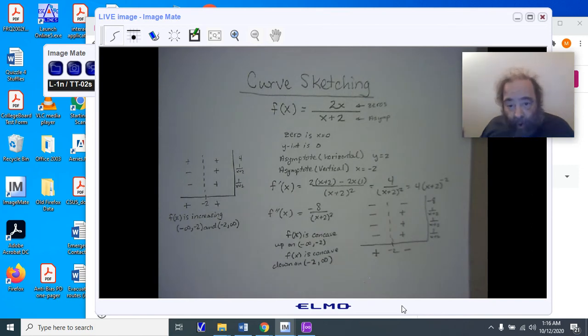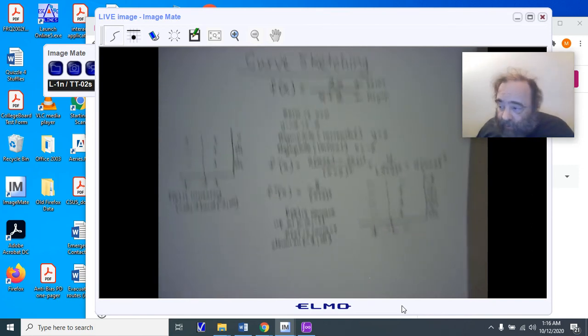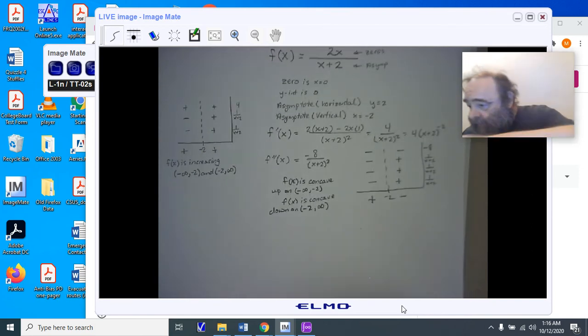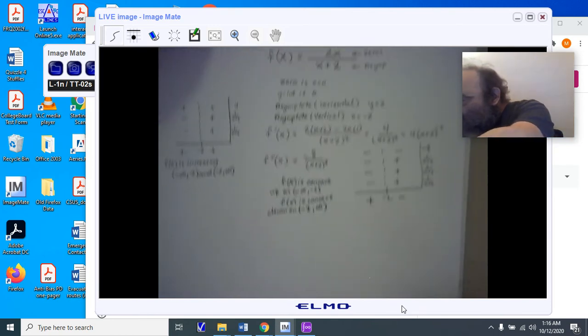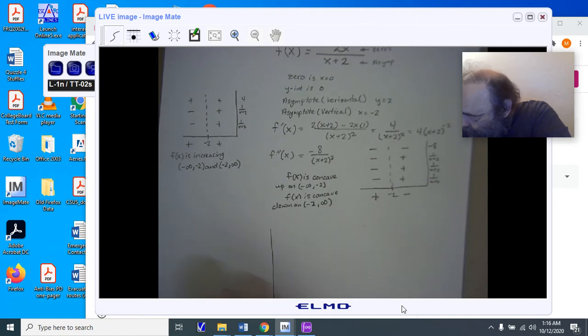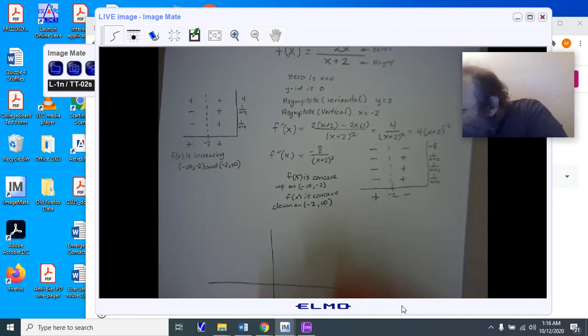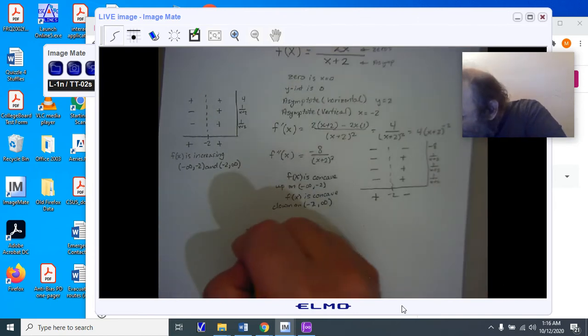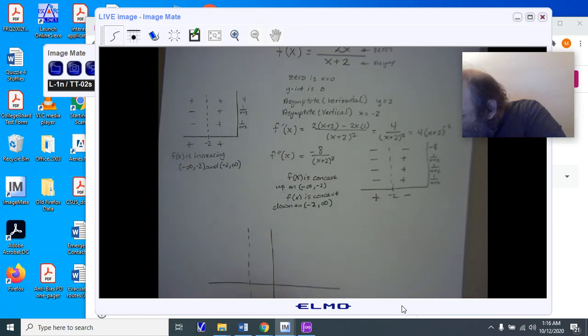And we're going to want to now put all of this together into our sketch of our curve. So I'm going to start off with my two asymptotes. I have an asymptote at negative 2. This is my x equals negative 2.